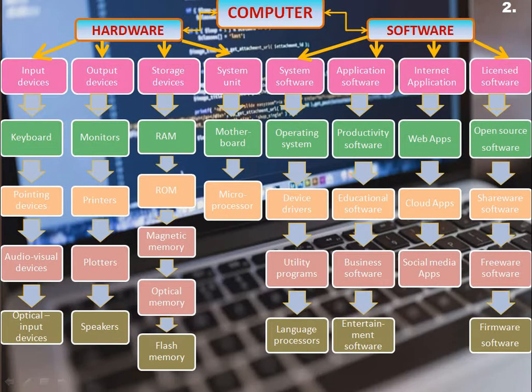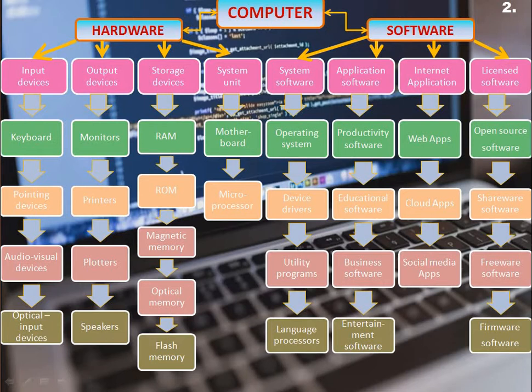Hardware includes input devices like keyboard, mouse, trackball, scanner, barcode reader. Hardware also includes output devices like monitors to display the output, printers to display the output as hard copy on page, plotters and speakers.